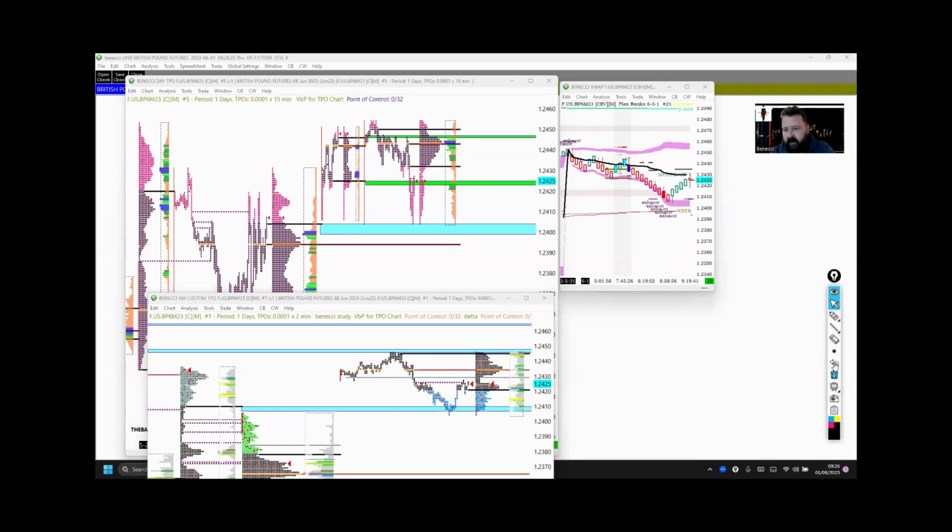Because we had traded up into the single print area stroke value low, and in conjunction with single print there on the morning chart. So that's why I took profits just before VWAP. That's for about 30 pips combined on two positions. And yeah, nice quick little trade straight after the short positions.